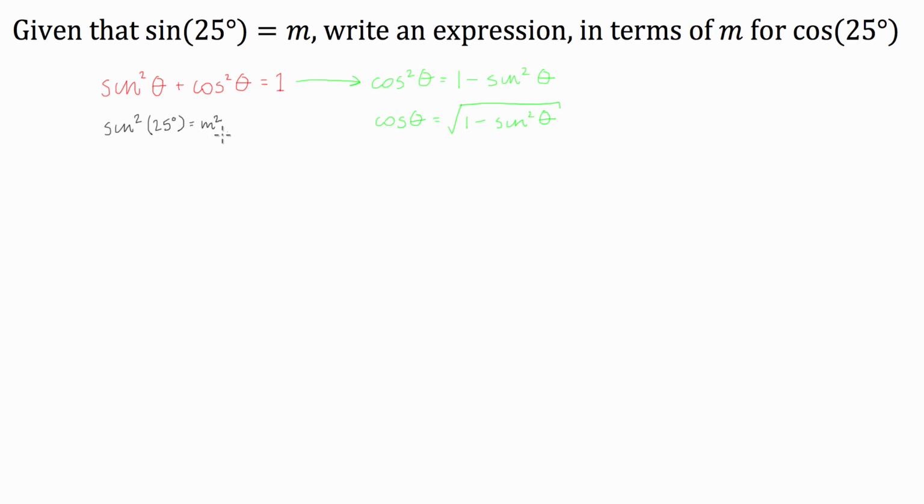So we can substitute this straight in for this, leaving us with cosine of 25 degrees, which is our theta, is equal to the square root of 1 minus sine squared of 25 degrees.